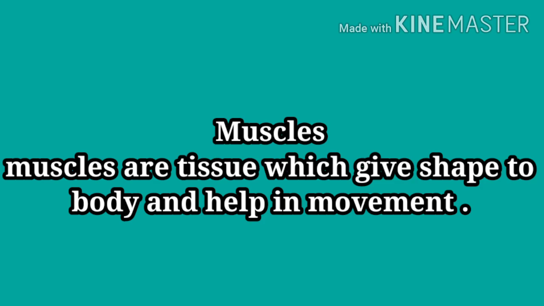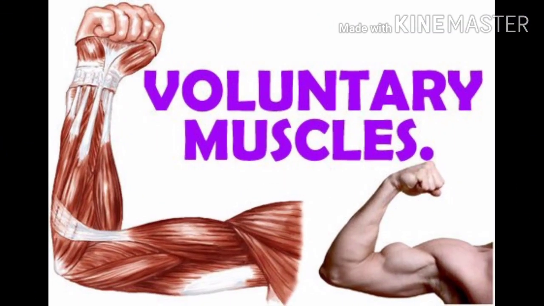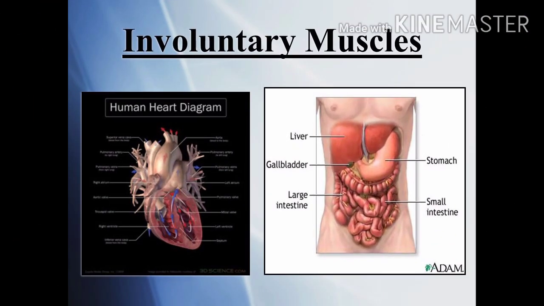Thus, all muscles can be divided into two groups. First is the voluntary muscle. Some muscles work at our will. They are called voluntary muscles. The muscles found in our arms, hands and legs are examples of voluntary muscles.